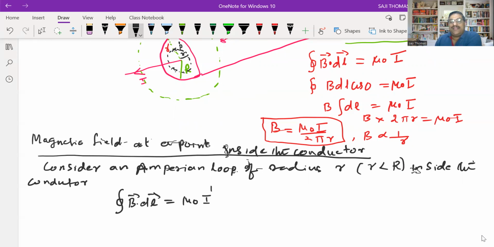For finding that, we imagine that current is uniformly distributed over the entire area of the cross section of the conductor.